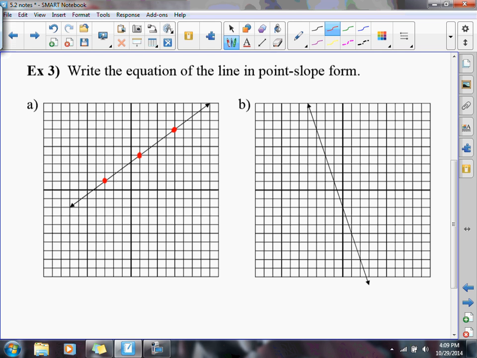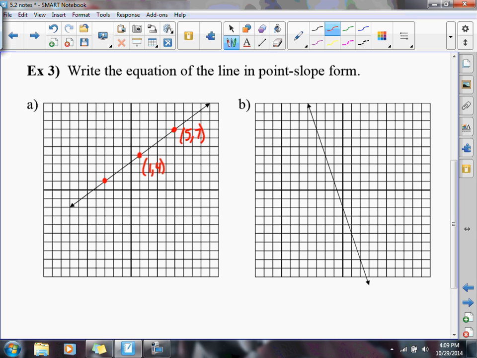So you can pick any of those 2. You could pick the first one and the second one, the second one and the third one, or the first one and the third one. Doesn't matter. Okay. So my first ordered pair here, let's see, that's 1, 4. My other ordered pair looks like it's 5, 7.